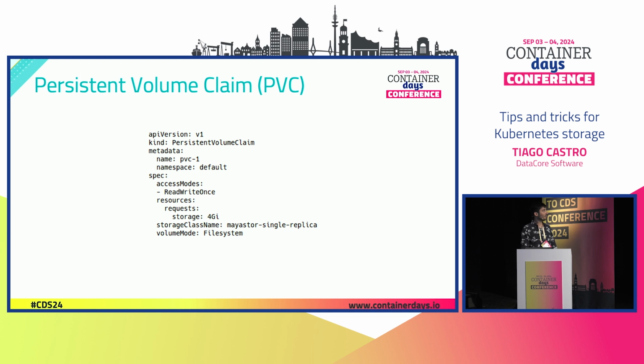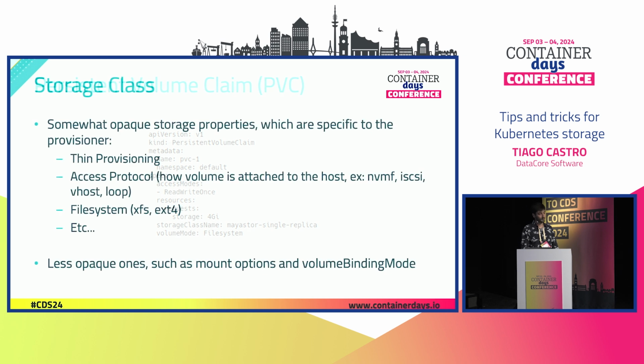Yeah, just a simple example of a storage class. Storage class name, and it's a file system. The somewhat opaque storage parameters I mentioned are specific to provisioners. It might be thin provisioning, or the access protocol, which is how the volume is actually attached to the host where the application is running.